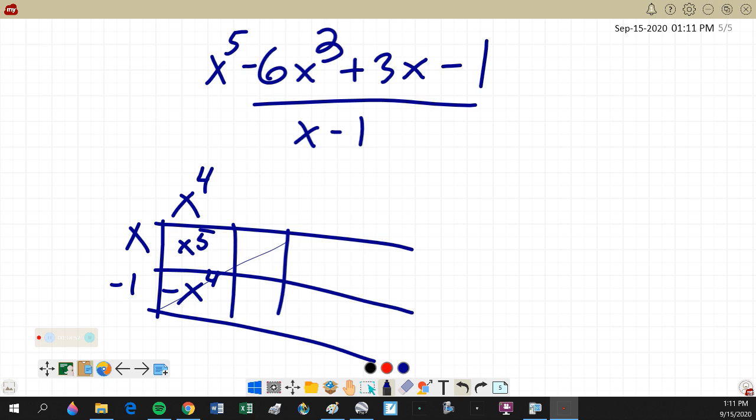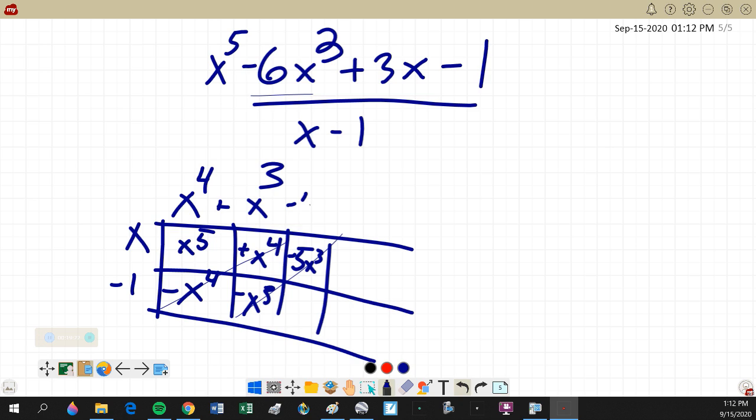So my negative x to the fourth in that box needs to add up to be 0x to the fourth, because there are no x to the fourths in the numerator. So this has to be plus x to the fourth. Then I pull out an x. Those two multiply together. These two need to add up to be -6. So minus 5x to the third.